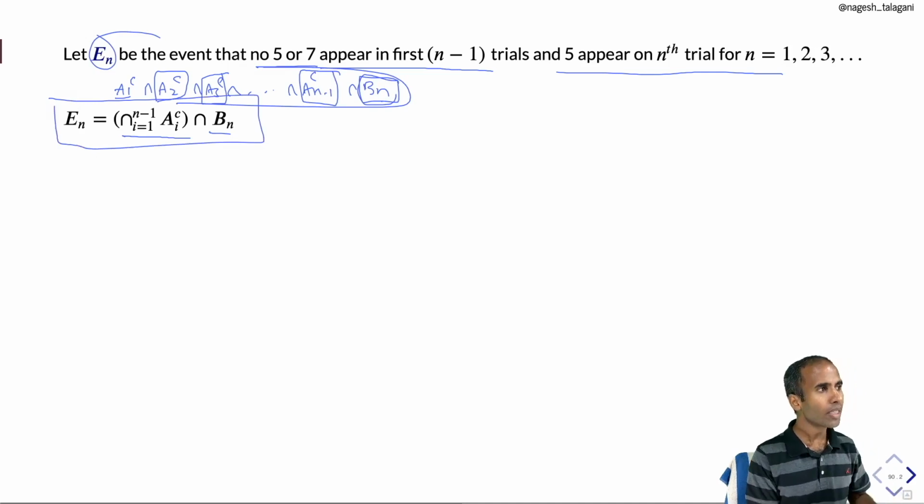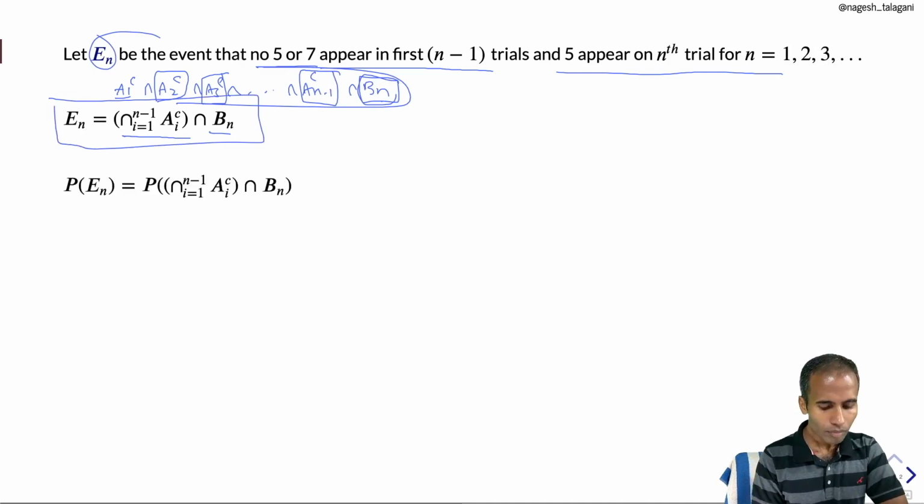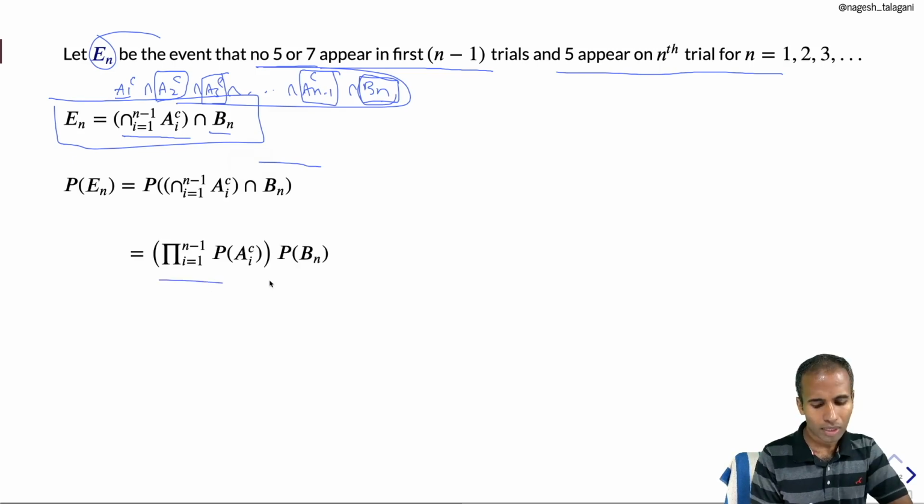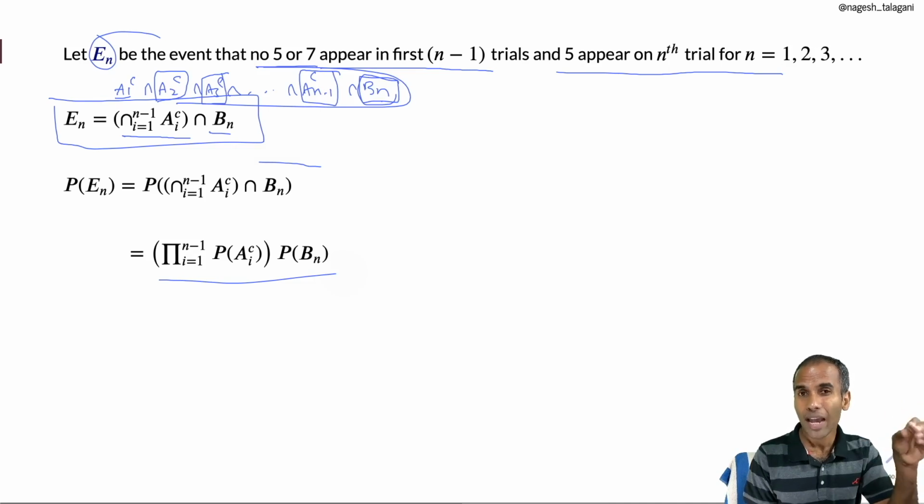Now the probability of En is going to be the probability of the right hand side. The probability of the intersection is going to be the product of the probabilities. The reason is A1 complement is an event associated with the first trial, A2 complement with the second trial, and so on; An-1 complement with the n-1 trial, and Bn with the nth trial.